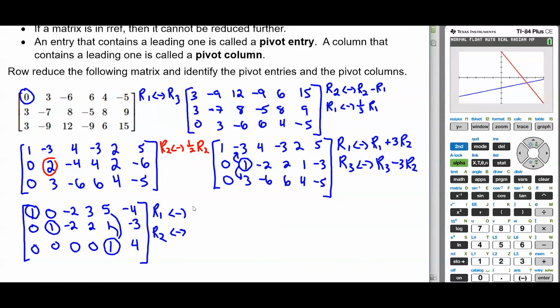So for row 1, I'm going to say row 1 minus 5 row 3. That'll make this a negative 5. We add it to this, it'll make it a 0. And then for row 2, I just need to subtract row 3. Because that's already a 1, so it'll be 1 minus 1.